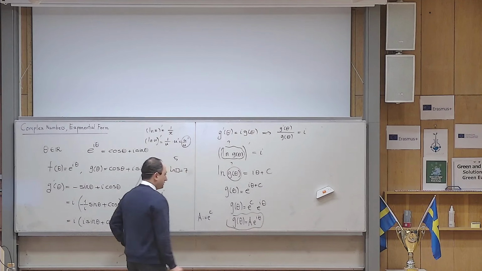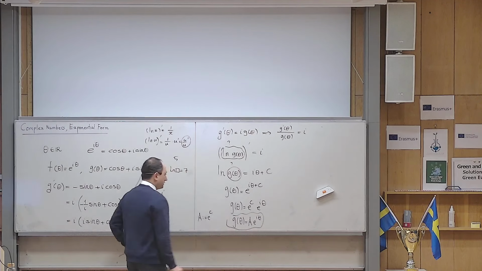So I choose 0, then this becomes this. But now if I ask you what is g of 0, it's not hard to calculate. G of 0, replace theta with 0. Cosine of 0 is 1. Sine of 0 is 0. So g of 0 is 1.